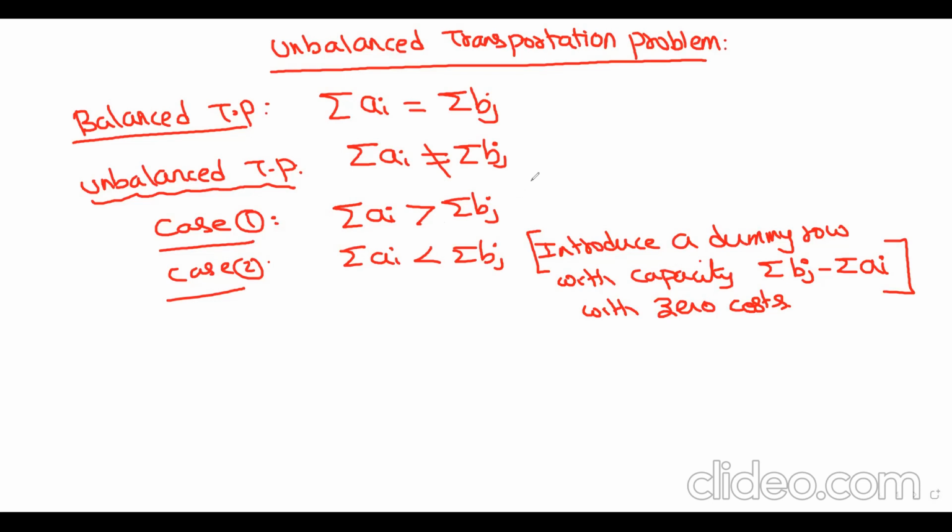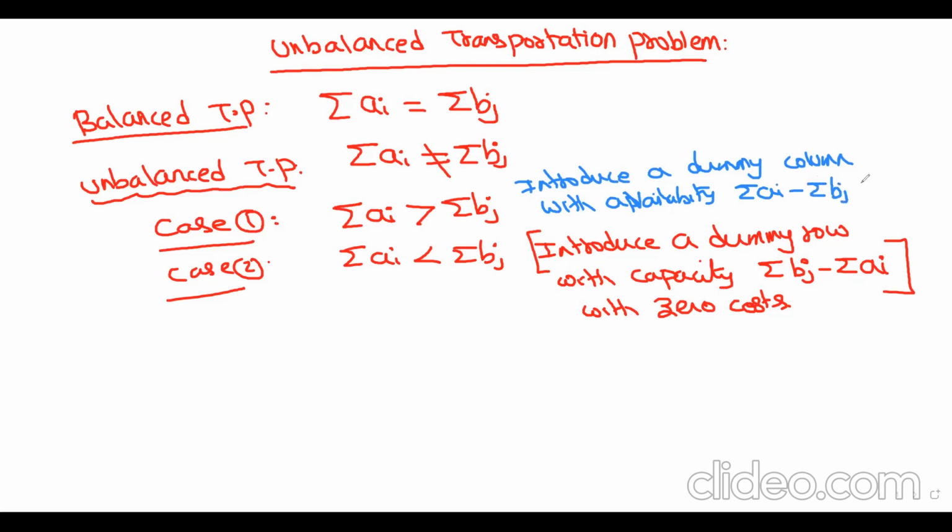Whenever availability is more, introduce a dummy column with availability summation Ai minus summation Bj with zero cost.